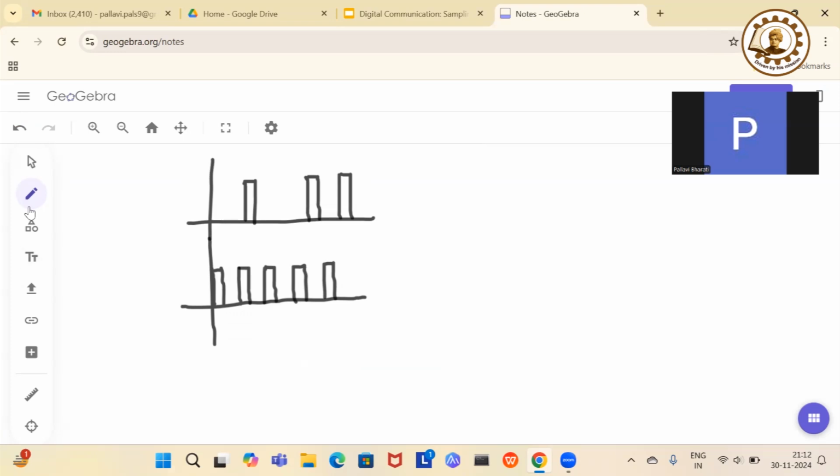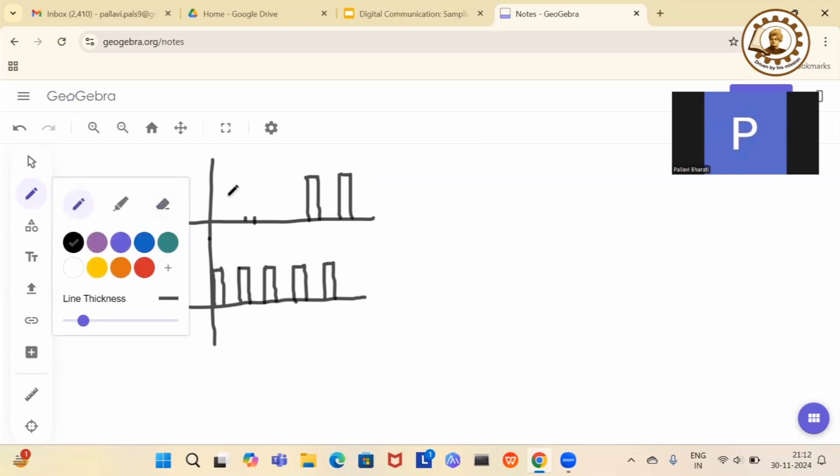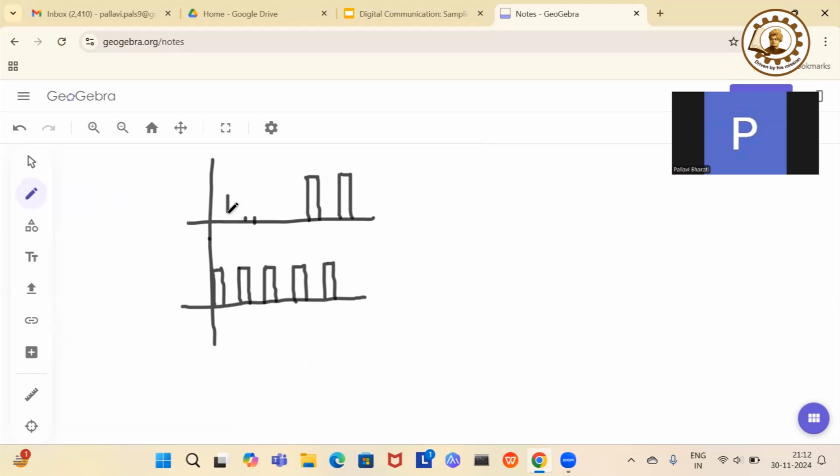So let me just remove this pulse from this point, and you are keeping it in between over here. Because see, if R and S both are high, at that time there is no stable state of the flip-flop for the RS flip-flop.